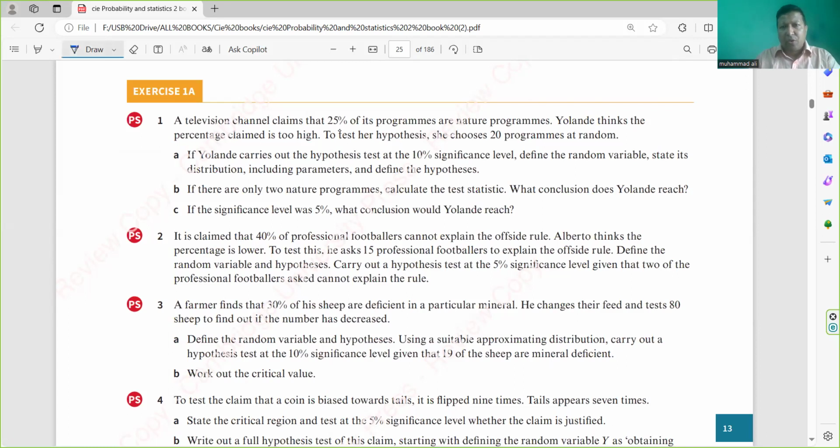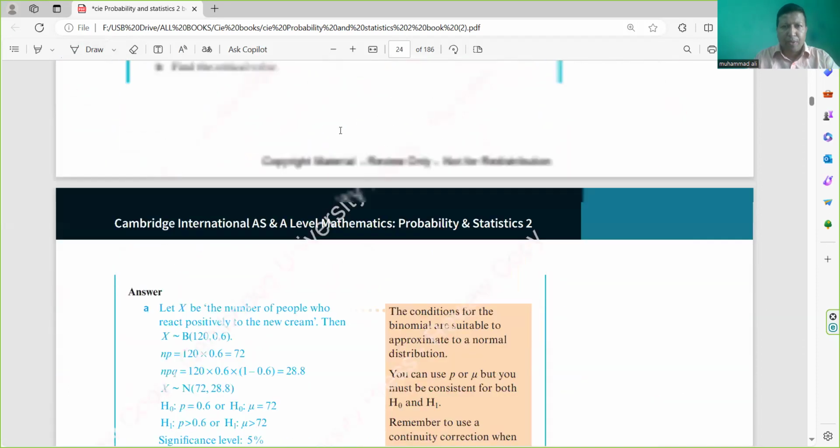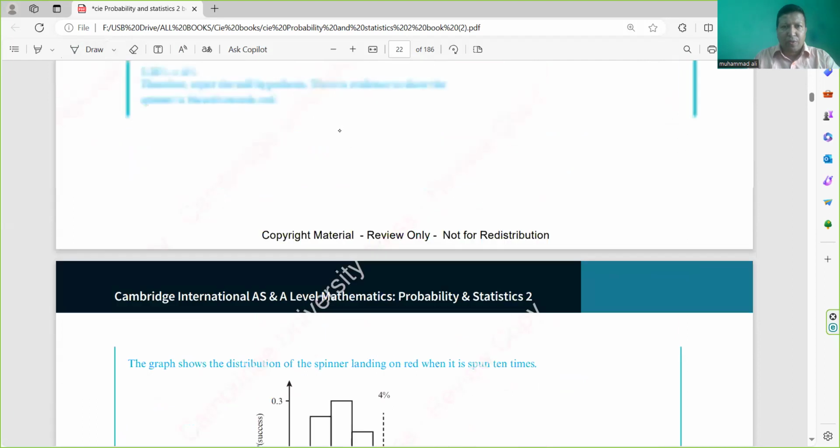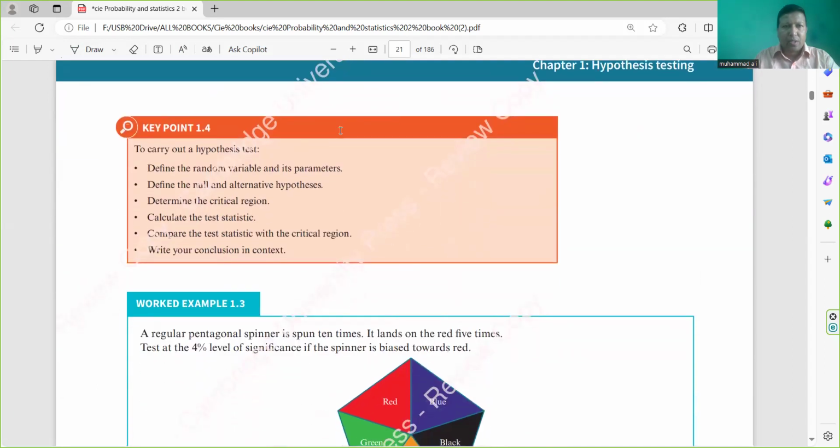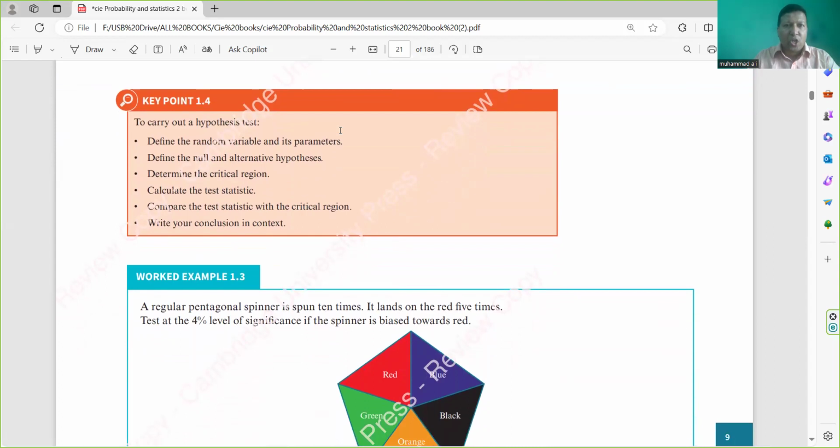Here one thing you have to be very careful about: this 10% significance level, and another time 5% significance level. So what will we do when we want to solve a hypothesis test problem? We will focus on some key points. First, define the random variable and its parameters.